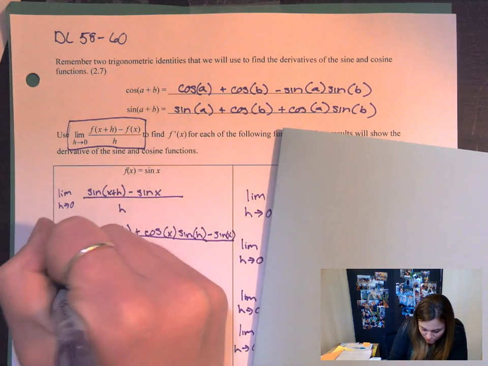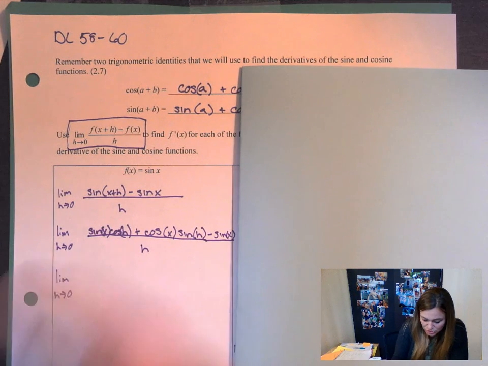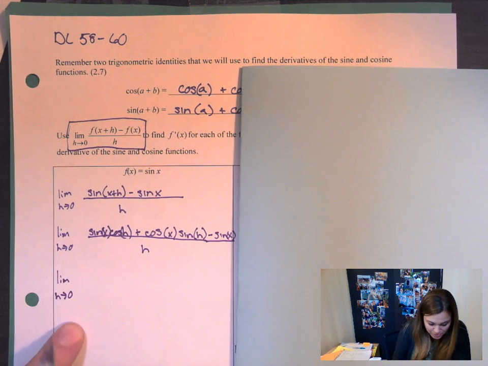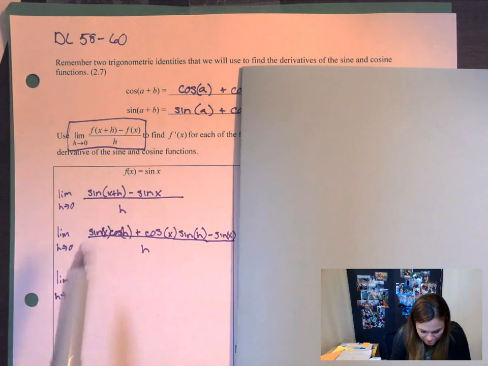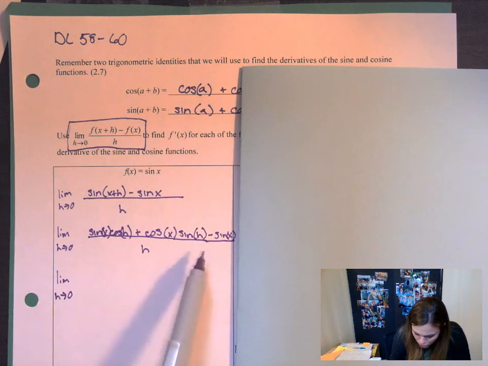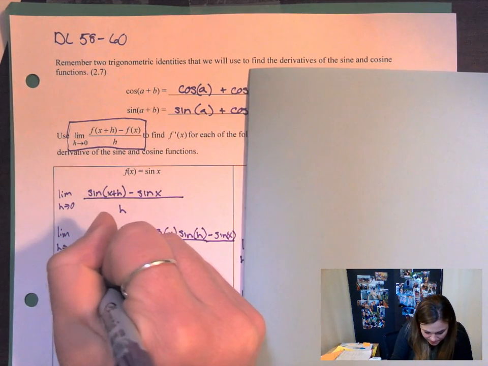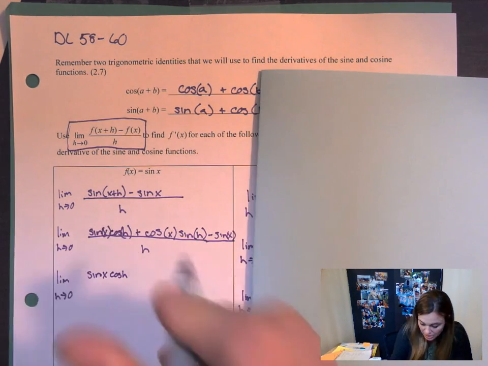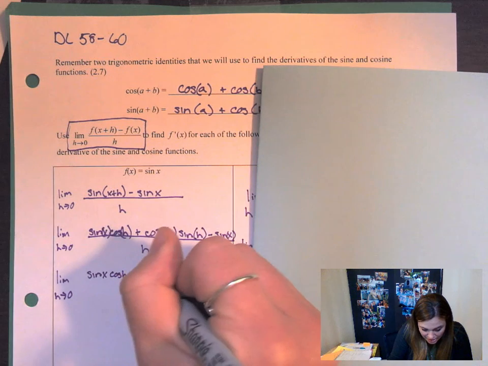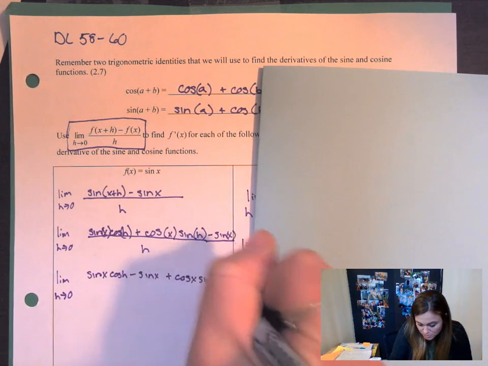And now we're going to do some little bit of algebraic manipulation. And I'm going to say, you know what, this is the limit as h approaches 0, but anything that has a sine in it, I'm going to take my sine of x and I'm going to move this around a little bit. So I'm going to say sine of x cosine of h. And yes, these could all be in parentheses right now, minus sine of x plus cosine of x sine of h.